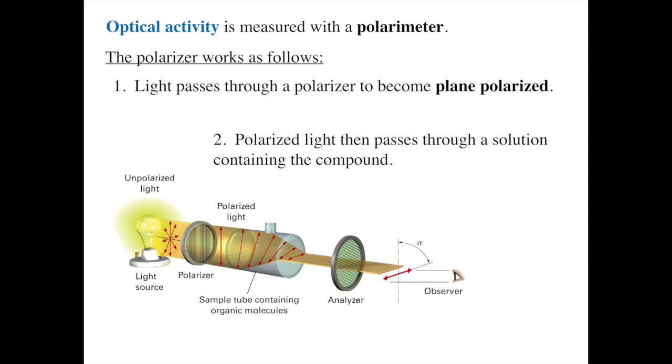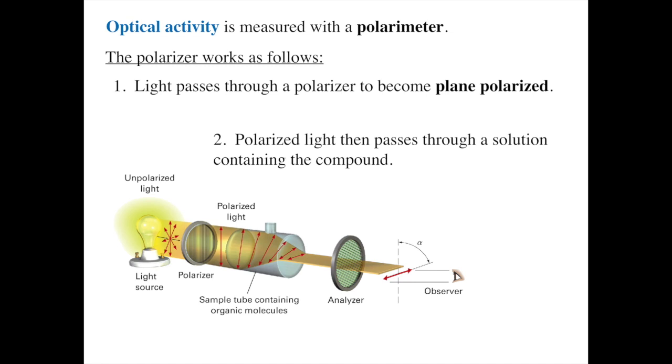The polarizer stops light that does not have the proper direction to pass through in regards to the electric field vector. So light having the correct electric field vector for the orientation of that polarizer passes through, the rest of the light is blocked, and now you have plane polarized light.